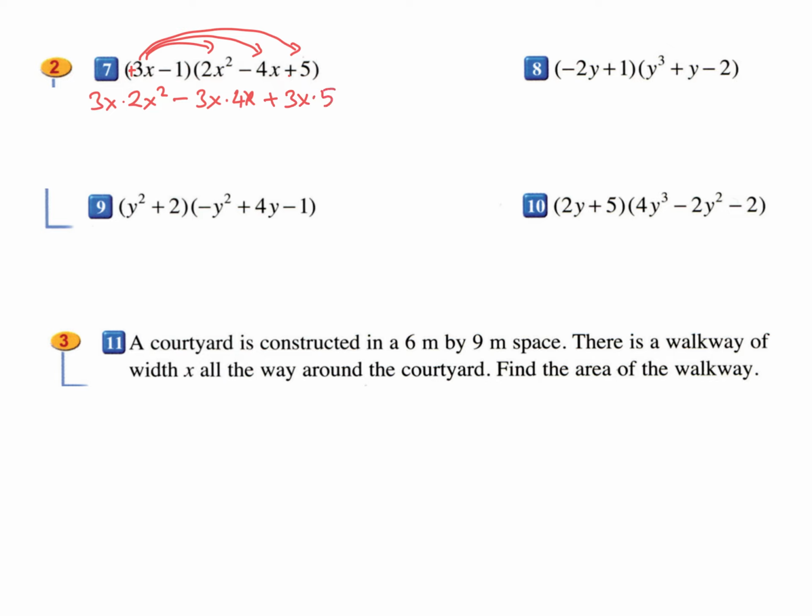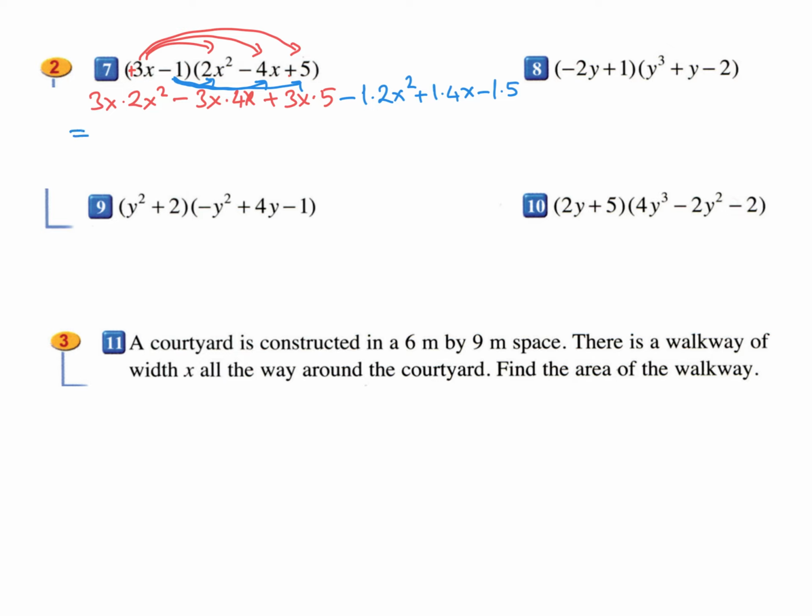3x times 5 will be, this is all the things which I can do with the first term, now I will multiply the second one. Minus 1 times 2x square, and minus 1 times minus 4x, minus becomes plus, 1 times 4x, and minus 1 times plus 5, result becomes minus 1 times 5. Let's simplify them.